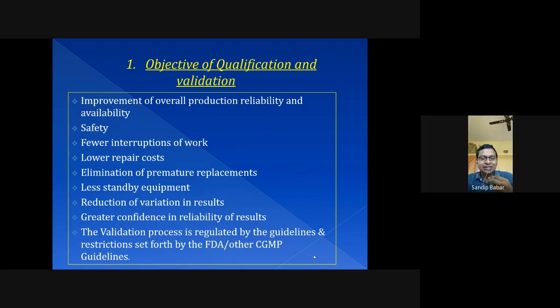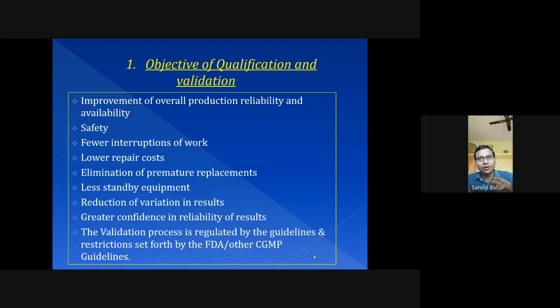Second purpose is safety. Suppose you are utilizing any high pressure, high rated, flammable equipment, then you have to ensure the safety of the equipment to the user, to the product. Third point is fewer interruption of work. Suppose you planned any qualification or batch activity, you should not get interrupted in your planned activity due to failure of the system or failure of equipment.